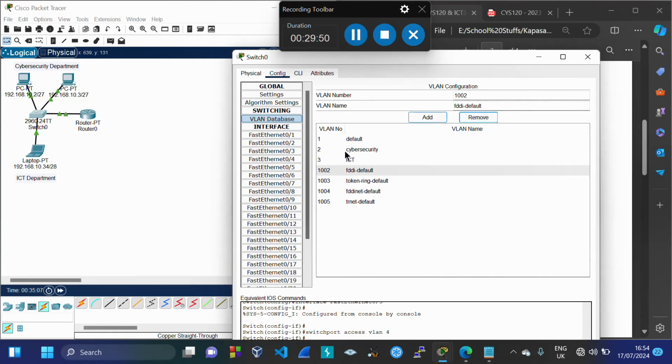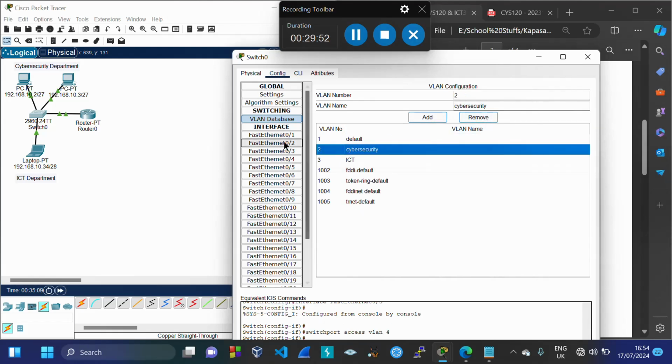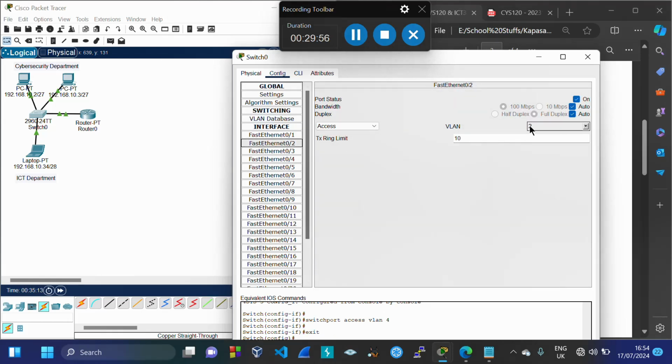Now let's understand that cyber security has been assigned to port 2 and 3. So we can see the VLAN number is 2, which is correct, and it has access, and port 3 again is VLAN 2. But ICT department has been assigned to port 4, so it's VLAN 3, which is correct. Then 1 is for the trunk.